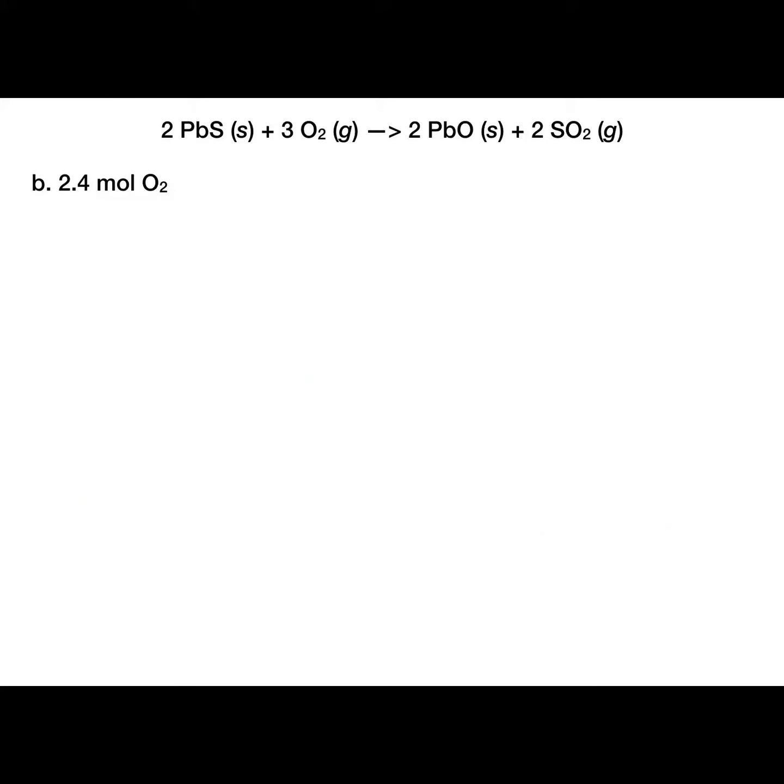Okay, now it's asking for the moles of product formed when we get 2.4 moles of oxygen gas. So let's start with what we're given, which is the 2.4 moles of O2. Okay, so let's first figure out the number of moles of PbO.